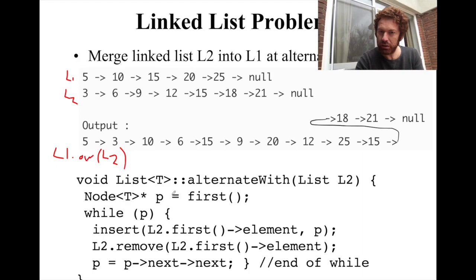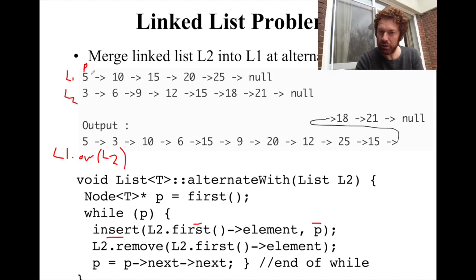So what is happening here? You start with the first node called P. Now to keep things as simple as possible, this function goes like this. Since P exists, it means that after P, remember the notation of insert, some data is to be inserted after P. So after 5, I will insert some data, and that data will be the first element of L2.